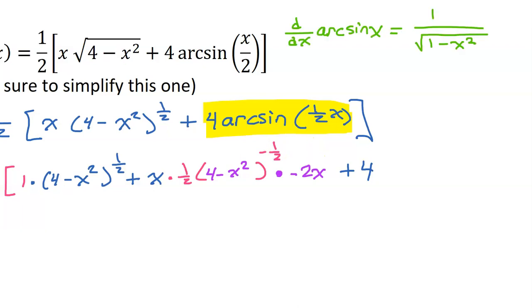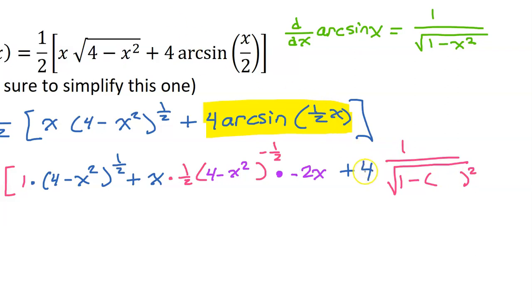But please remember this memorized fact. The derivative of arcsine x is 1 over the square root of 1 minus x squared. You just simply have to memorize that. So that's coming into play right here. So I'm going to have 1 over the square root of 1 minus, instead of x squared, I'm going to put parentheses squared because we do have a function inside of here.